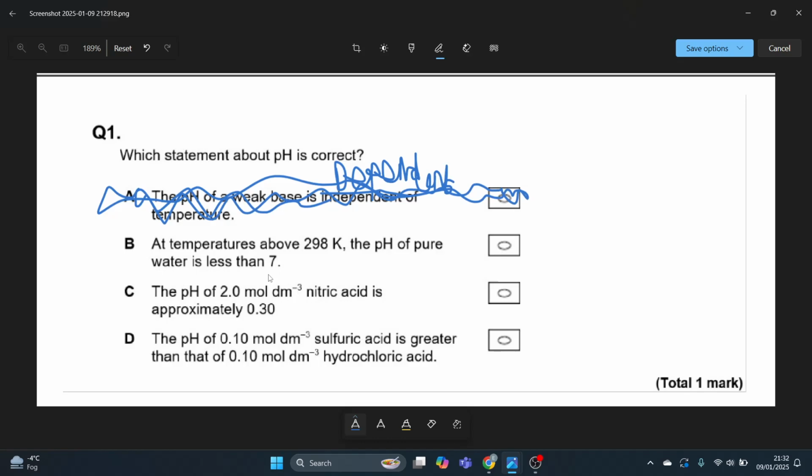Well, making H plus ions is an endothermic process, and at temperatures above 298 Kelvin, there's going to be even more H plus ions, or concentration of H plus ions. So what's that going to mean? That means the pH is going to be less than 7, so therefore it is correct.